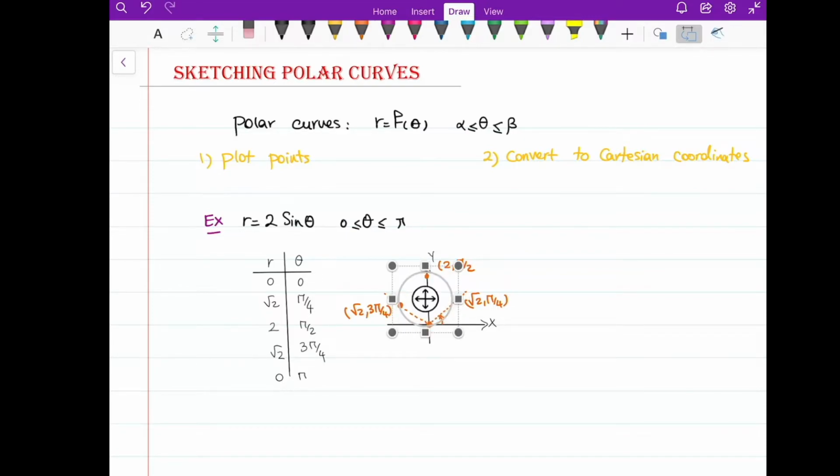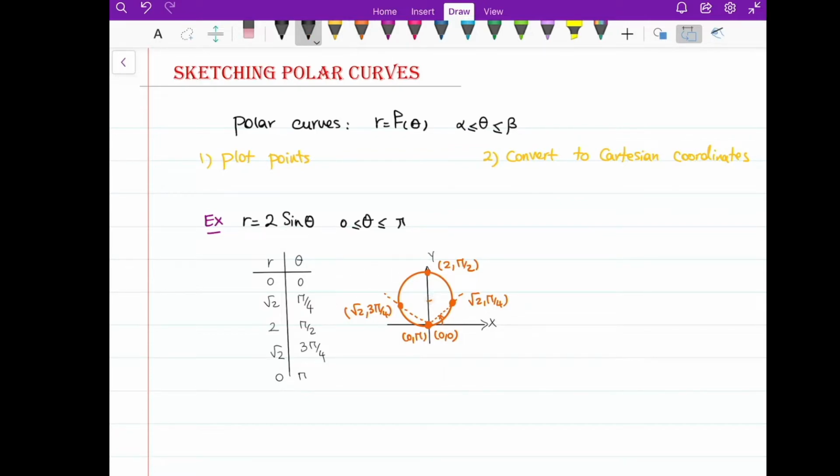Let me move this point a little bit so that I have a nice circle. You see 0, 0, and then 0 and pi, and then this is the point 2 and pi over 2. So you see I got a circle of radius 1 at the center 0, 1.